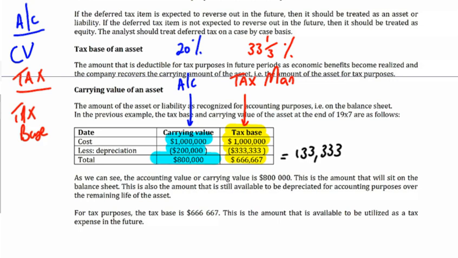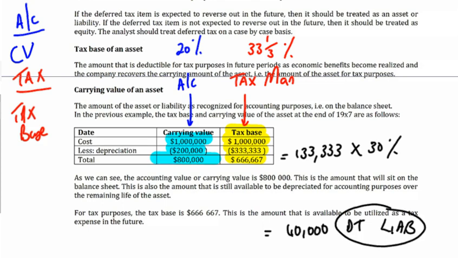That's the difference in the total values. Don't forget to tax that, times that by the tax rate. Okay, and what do you get over there? Exactly the same 40,000 deferred tax liability that we had when we did the income statement approach. So the two approaches are carbon copy, guys, in their results.